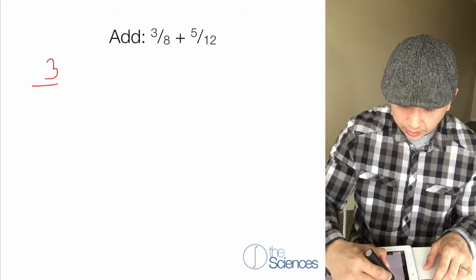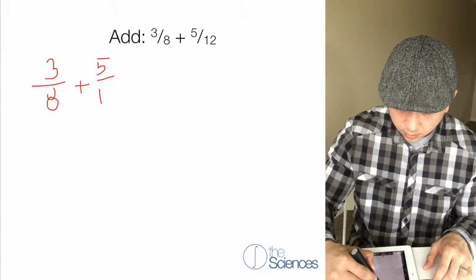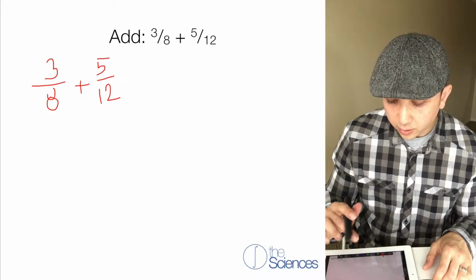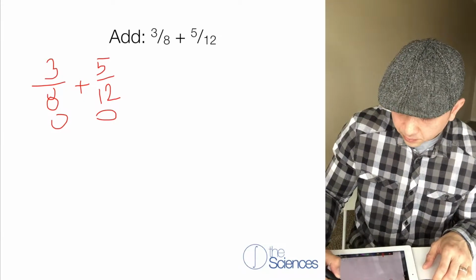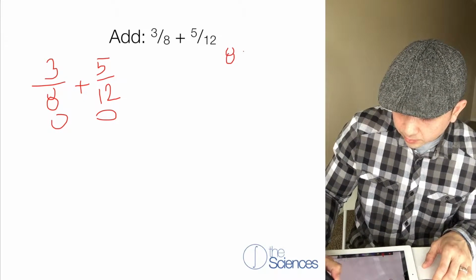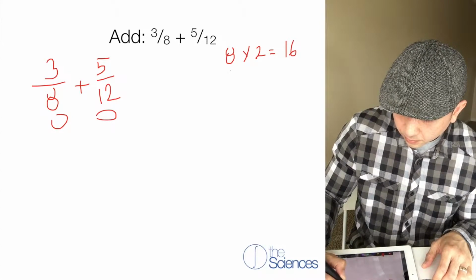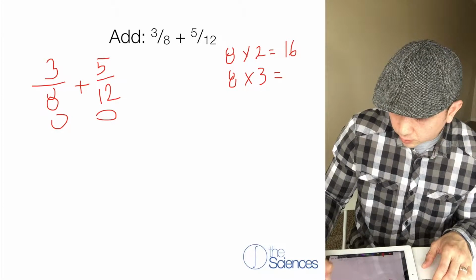So 3/8 plus 5/12. Well, we're going to find a common multiple that both 8 and 12 have in common. So we can write down 8 times 2 is 16. 8 times 3 is 24.